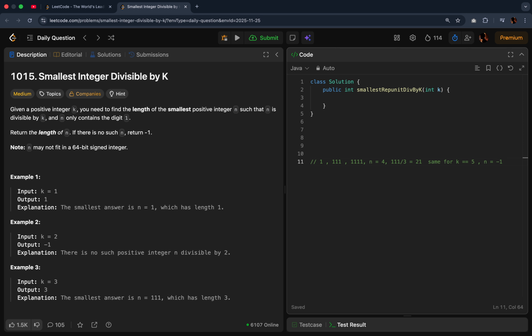Whether it is 1, double one, triple one, or 4 times 1, none of them are divisible. So if k equals 2 or 5, we return -1, because that is the hidden concept behind it.